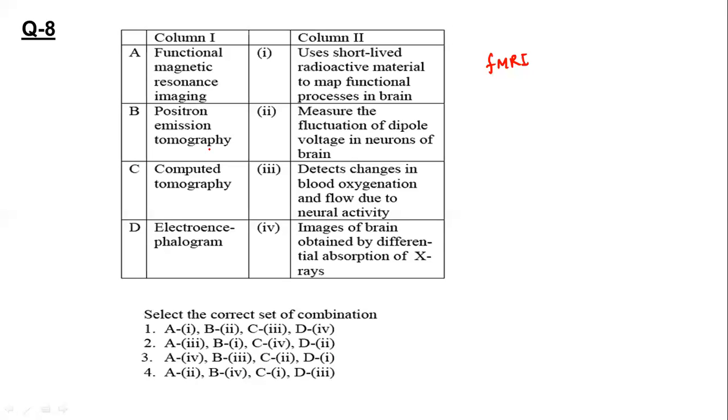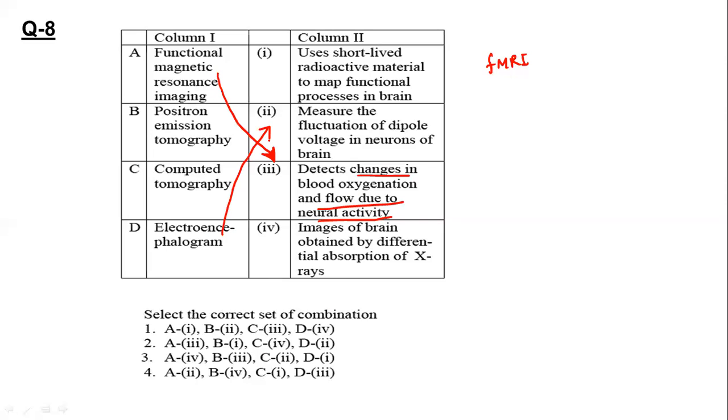Functional MRI detects the changes in blood oxygenation and flow due to neural activity, right? Electroencephalogram measures the voltage or electrical activity of the brain, right?